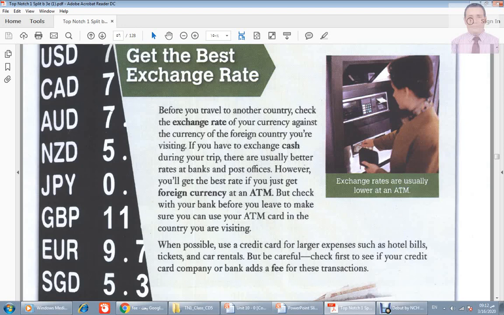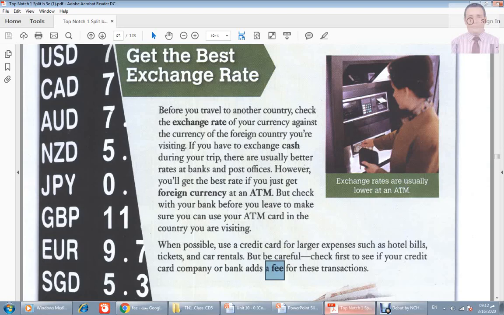Sometimes when you do any transaction outside your country, your card company or your bank adds some fee, and we said fee means what here? Extra money. Sometimes you have to pay this. That's why you have to check with your credit card company or with your bank.